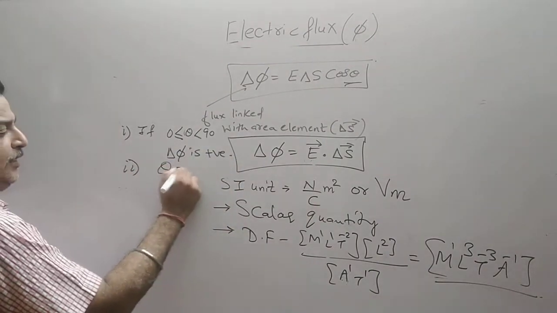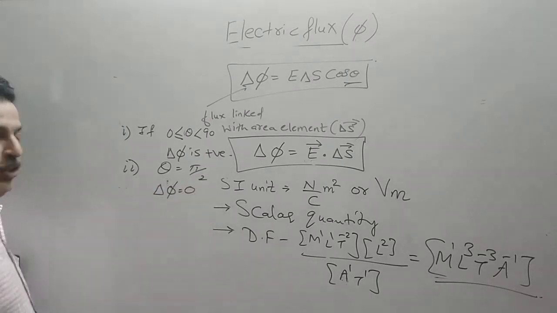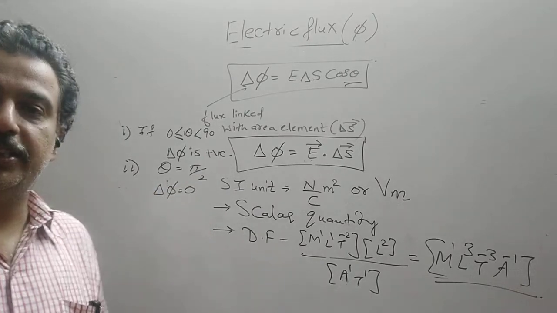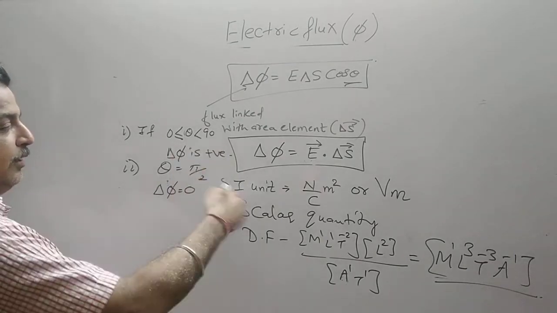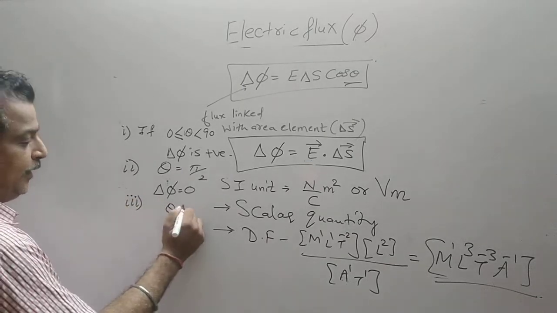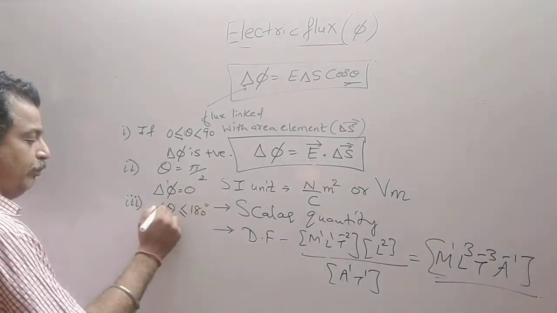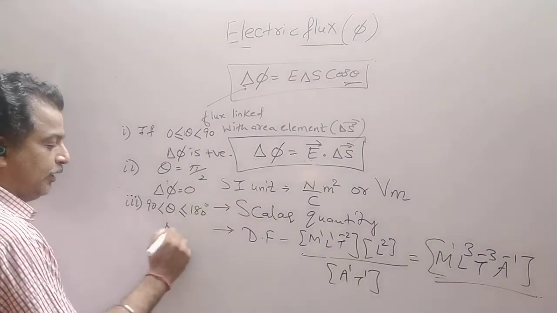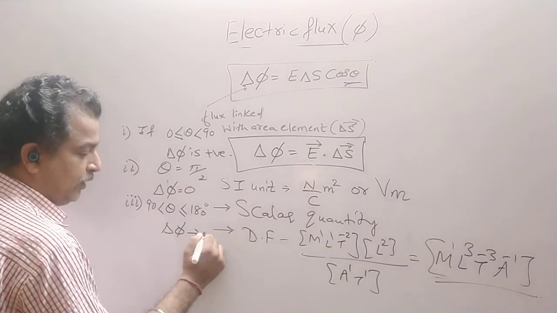Similarly, if theta is equal to pi by 2 or 90, then delta flux is 0. So if our orientation changes, the flux also changes. Similarly, if theta is less than or equal to 180 degrees but greater than 90 degrees, then delta flux or delta phi is negative.